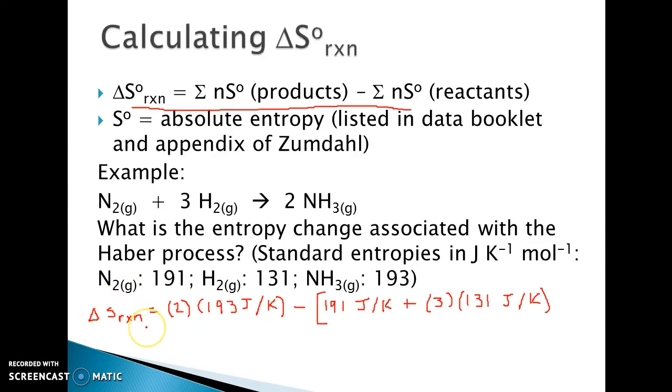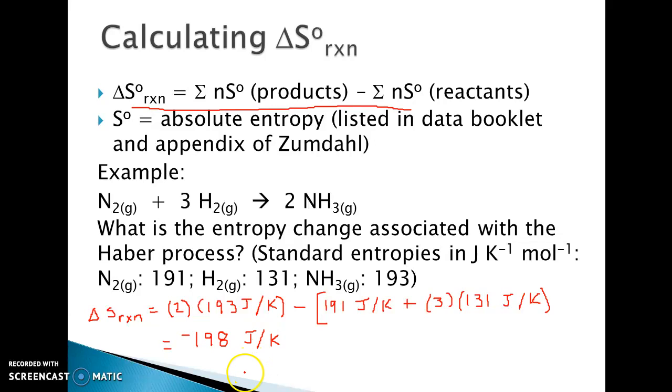Then when I calculate all of that out, I should discover that I have an entropy change of negative 198 joules per Kelvin. So a negative entropy change makes sense. I have 2 different types of gas particles on the reactant side, and only one type and fewer moles of gas particles on the product side. So the products possess less entropy, so it's a negative change.